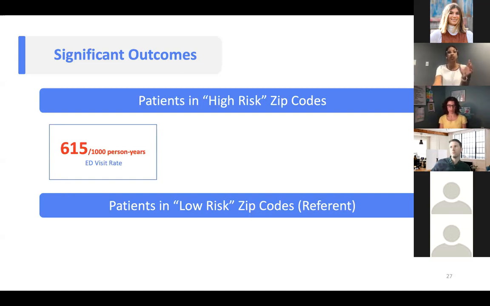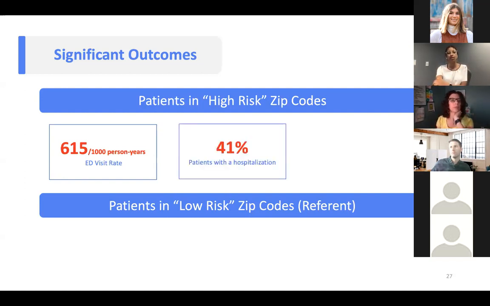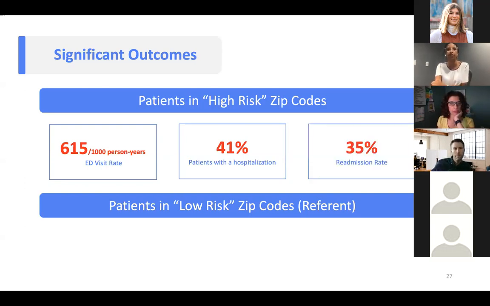Anything in red is going to be the highest rate or number for that category. So again, 615 per 1,000 person years was the highest ED visit rate for any group in the zip codes. 41% of people in high risk zip codes were hospitalized at one time during that year, and their readmission rate was 35%, which was also a very high readmission rate.